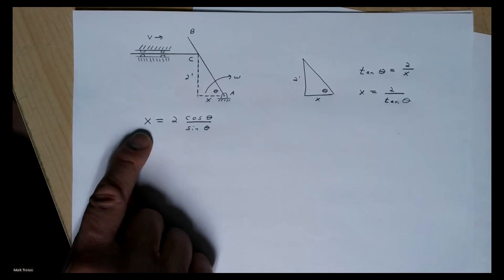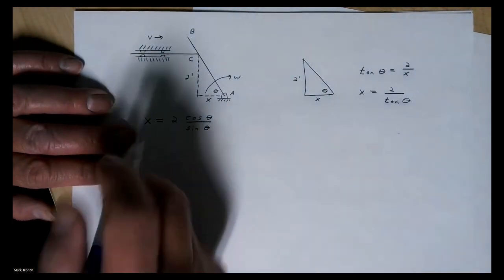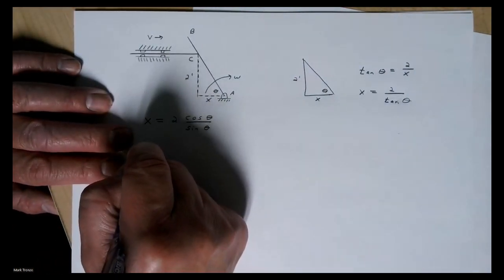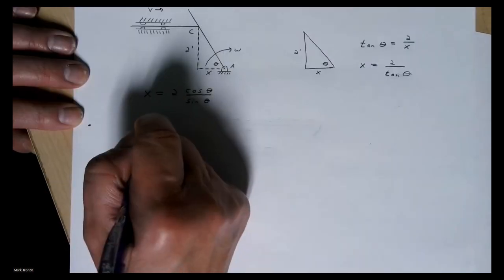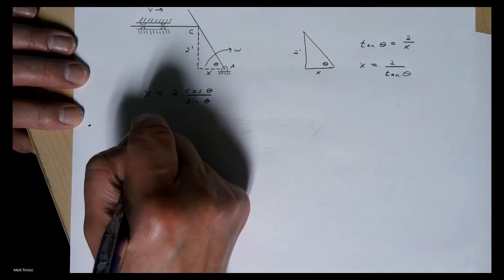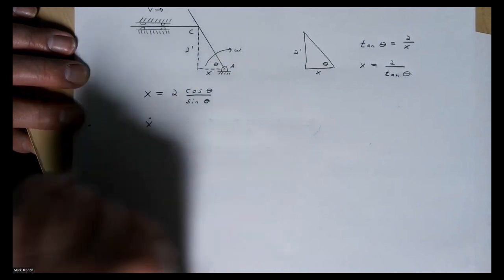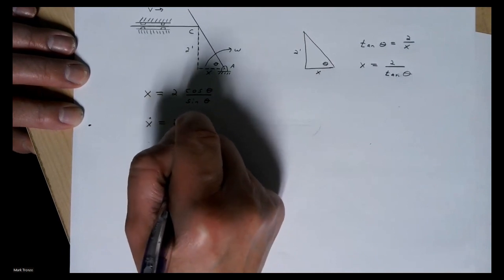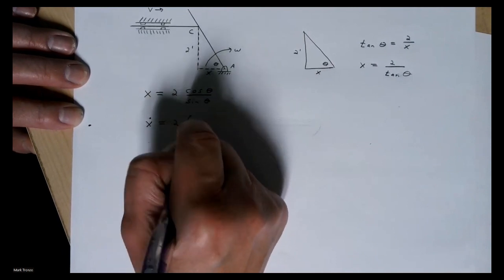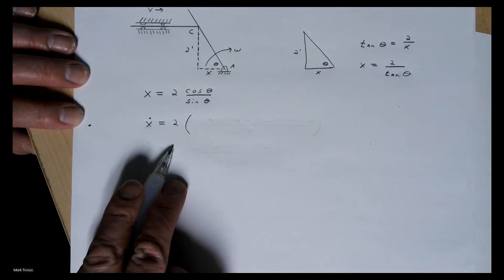If we take the derivative on the left, again, we're taking implicit derivatives. So now if we take the derivative, I can bring that 2 in front. And we have a quotient here. Again, we're taking the implicit derivative.